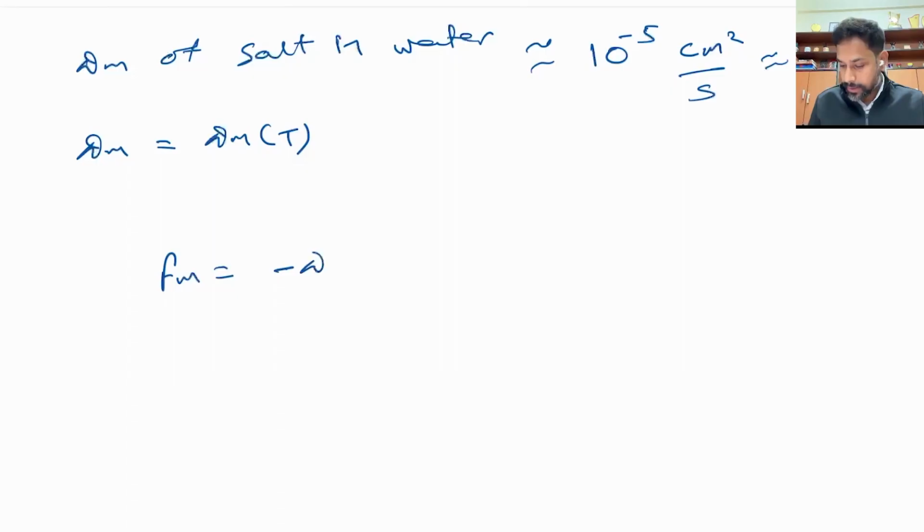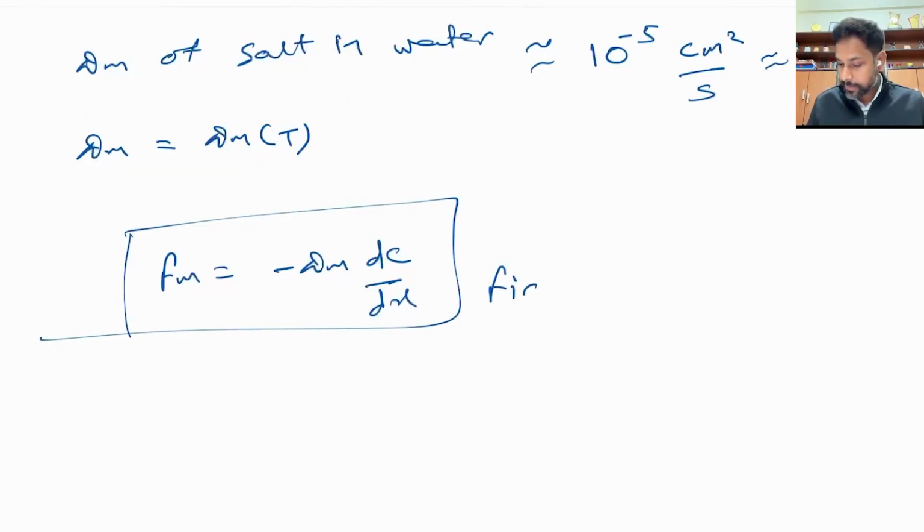Okay, so this equation that we have derived, Fm equal to minus Dm dc by dx, is known as Fick's first law.